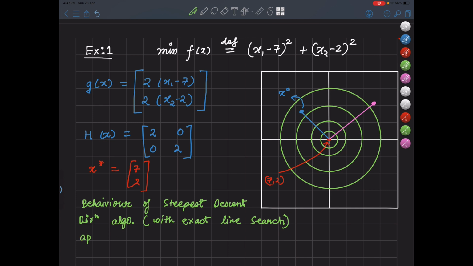Applied with two different initial points, it took us to the minimum in just one step. And this happens because of circular contours.